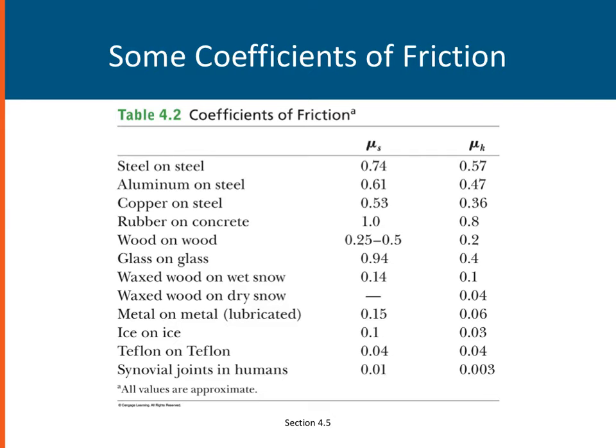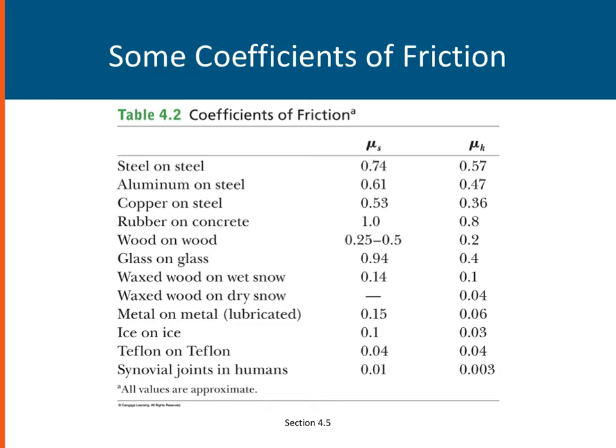It really deals with some high-level quantum mechanics when you want to try to figure out, well, what does the coefficient of static friction depend on when it's steel on steel? So we use these empirically derived coefficients for all of our equations, for all of our interactions, and they work pretty well. And so in looking at these, you can see that the static friction is bigger than the kinetic friction as we go down.